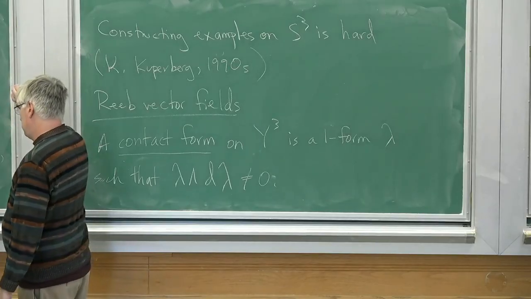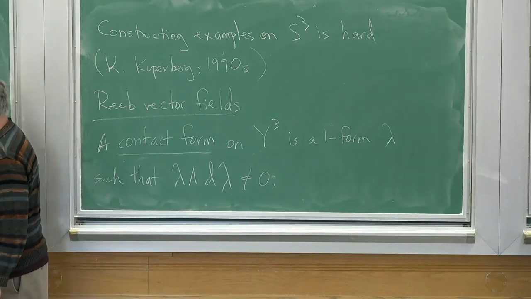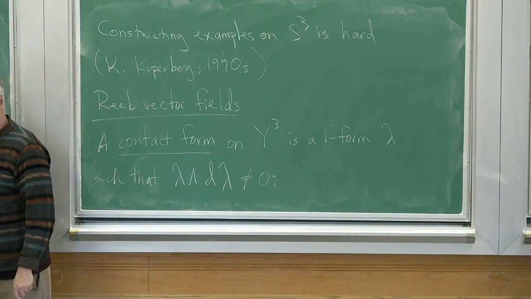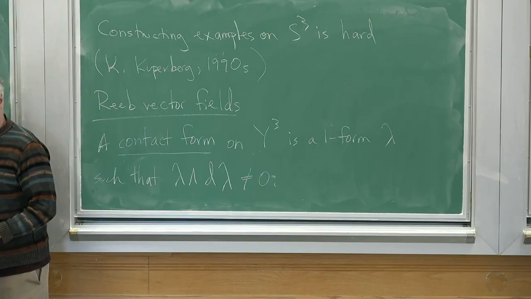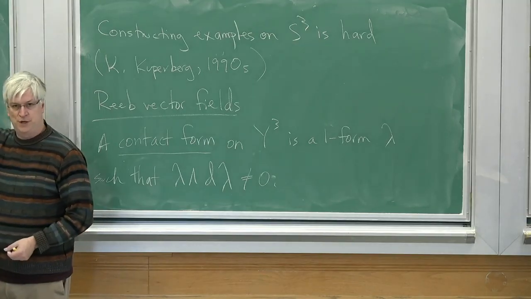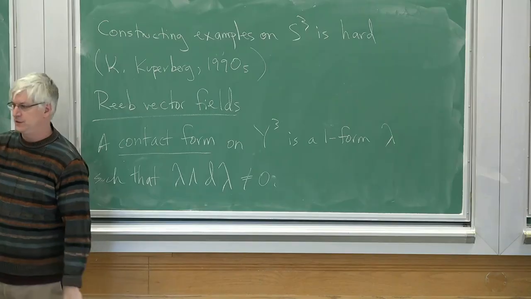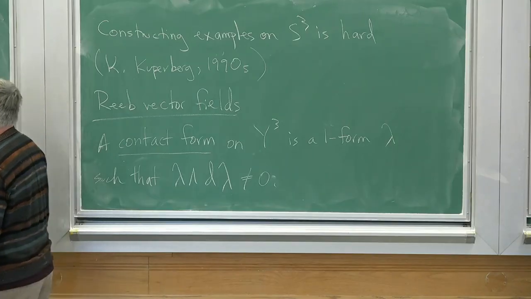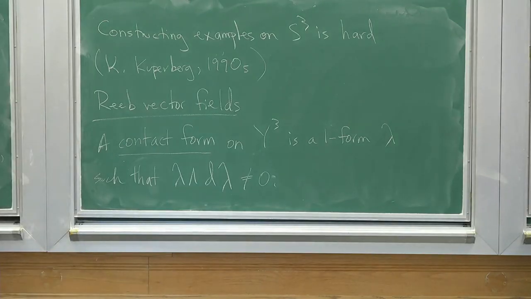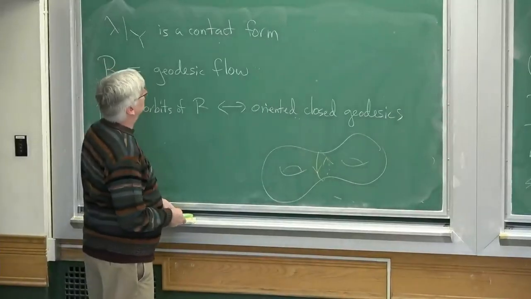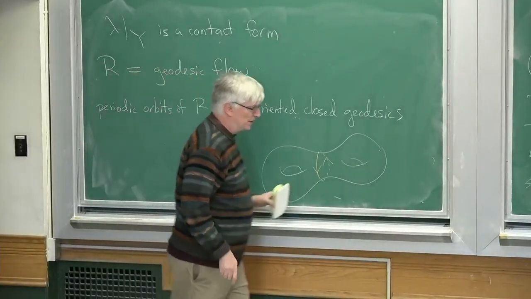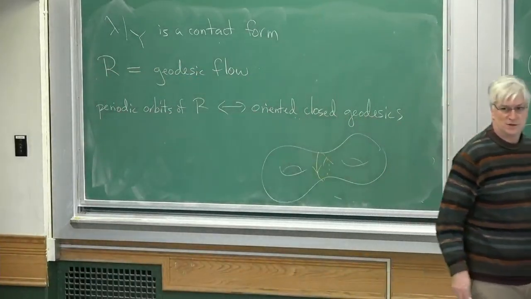And then you can go around this curve in one direction or the other. That's two different Reeb orbits because in the unit tangent bundle you have opposite tangent vectors. So if you like geodesics, that's another reason to be possibly interested in Reeb vector fields. Are there any questions about these definitions?